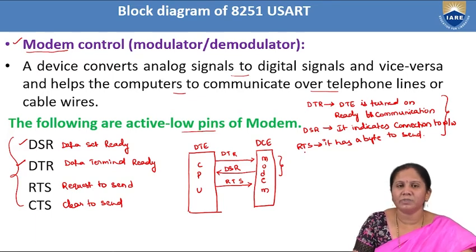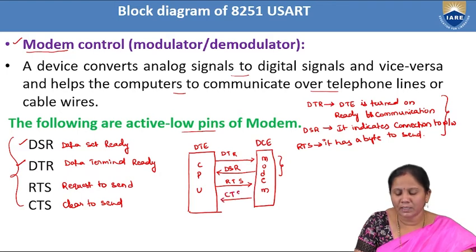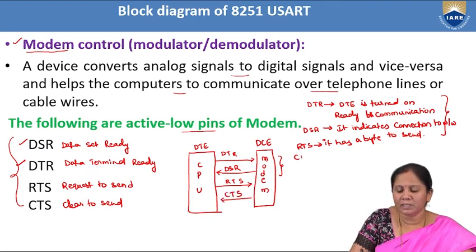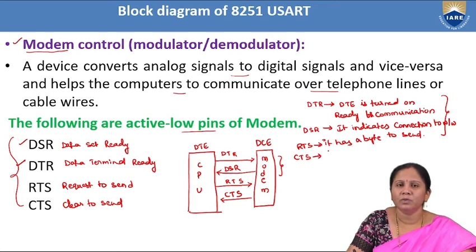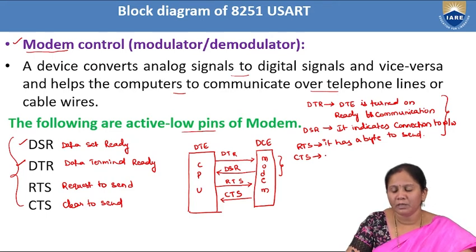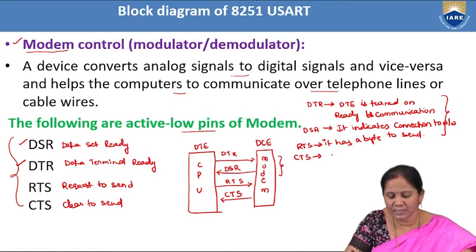After the modem receives this RTS signal, it sends a signal called CTS, clear to send. When the CTS signal is sent from the modem to the CPU, it indicates that the buffer space is empty and it is ready to receive the data the CPU is transmitting. So when the CTS signal is asserted, it indicates buffer space is available.